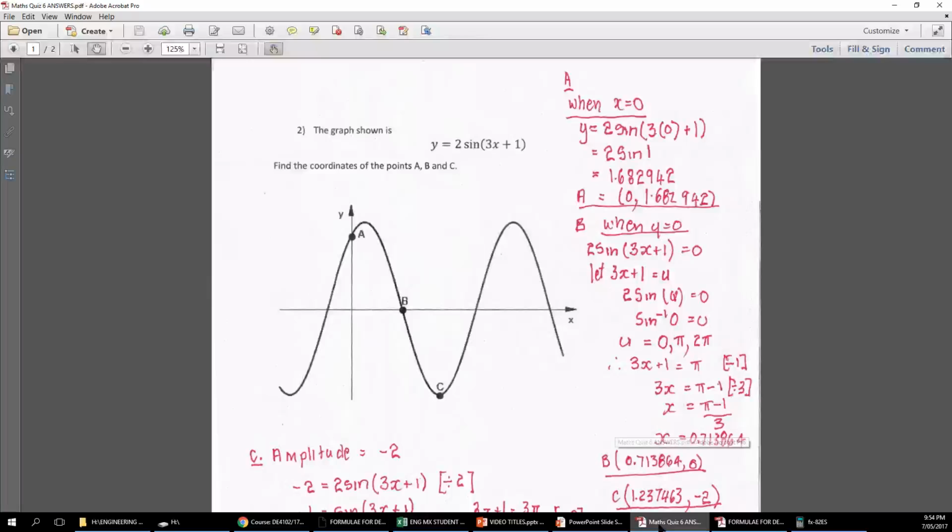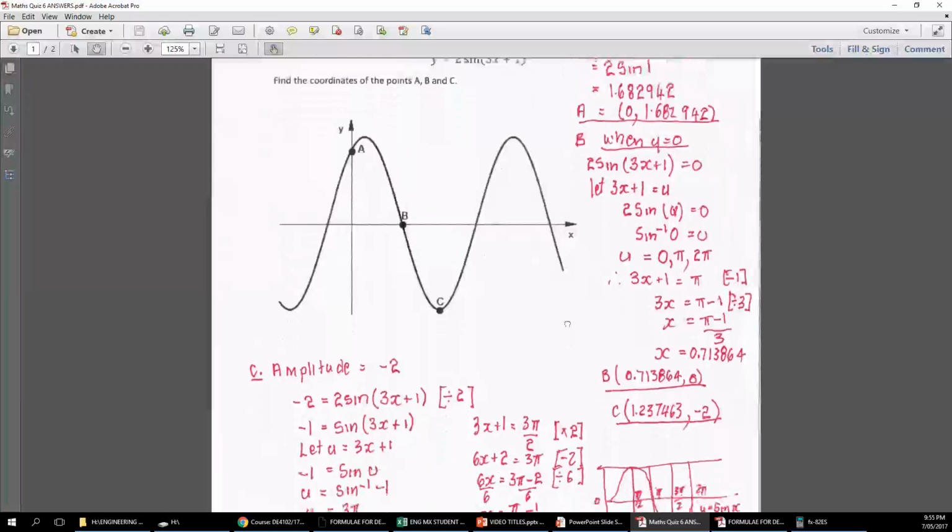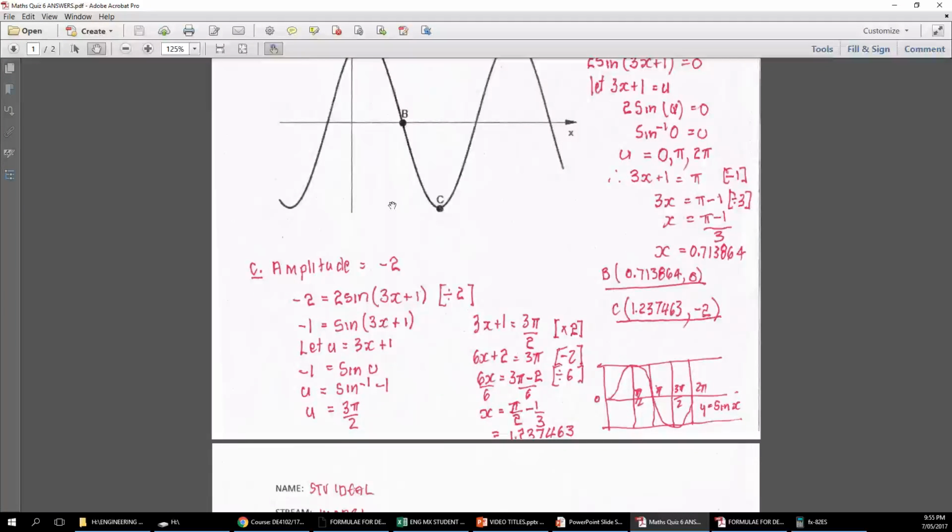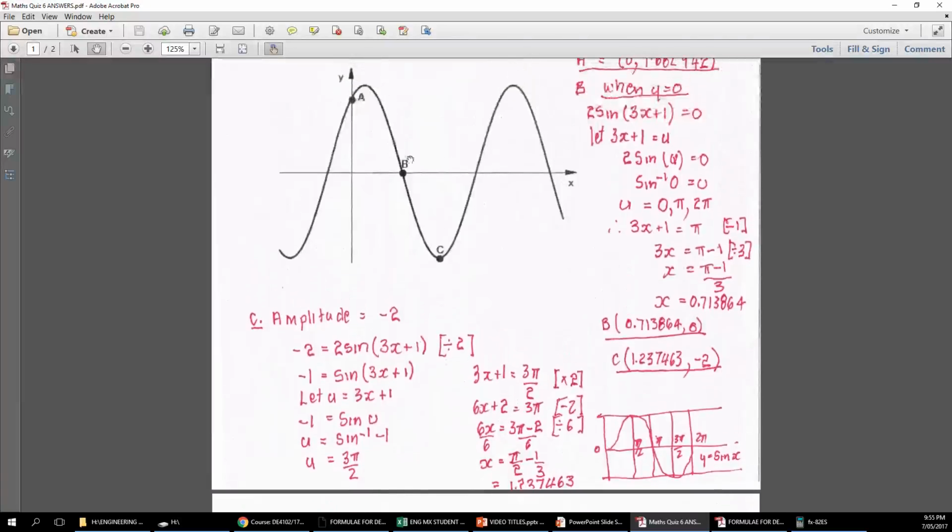So back to the math quiz, we know that the amplitude here for the sine graph will be 2. Will be negative 2, because it's negative 2 down here. So the graph will range between 2 and negative 2. But c, the amplitude there, negative 2 is what the value of c will be.